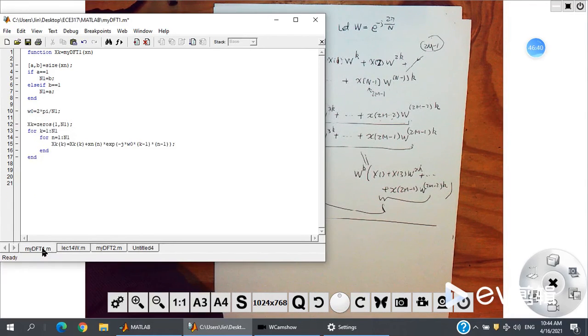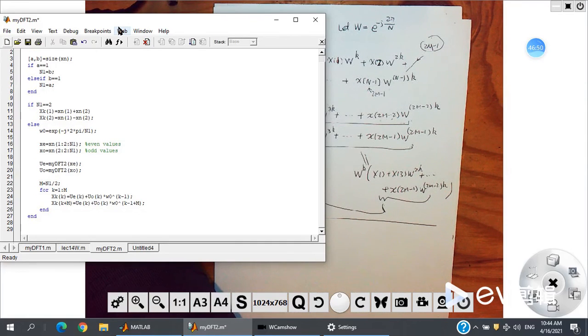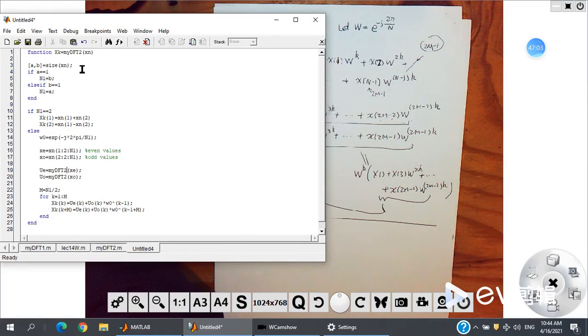This is DFT1, and this is DFT2, and in DFT2 I need to use it again, but I can't. If you write a program in C, you can, but in MATLAB it cannot work this way. So I use another, DFT3, which is exactly the same as DFT2. The only thing is here I go back to 2. Then I'll be fine, I think.